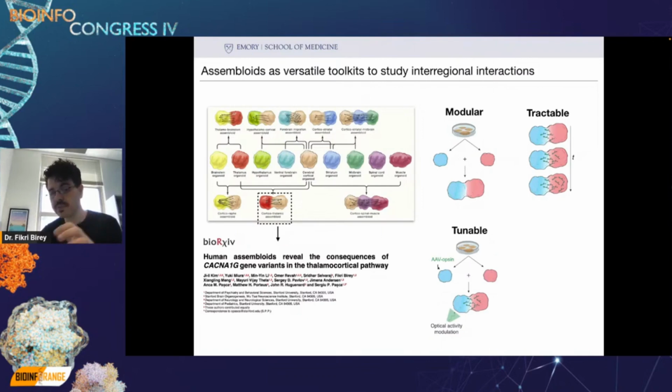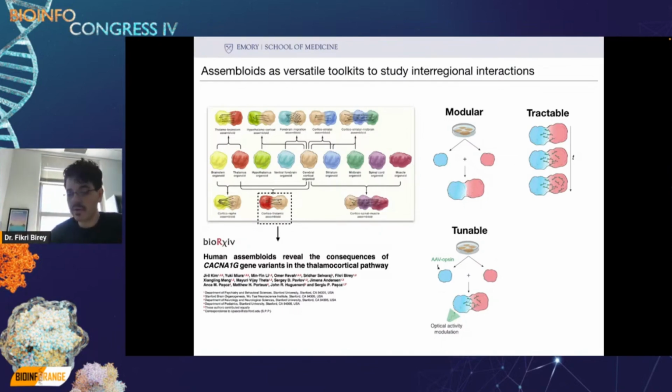Three, they're tunable. Just because they're modular, we're able to introduce various tools pre-assembly to a given region-specific spheroid. For example, we're able to introduce an opsin only, let's say, in the subpallial-derived interneurons, and then perform the assembly, so that you limit the expression of a certain viral vector to a particular region without having to go through complicated infection schemes or anything like that.